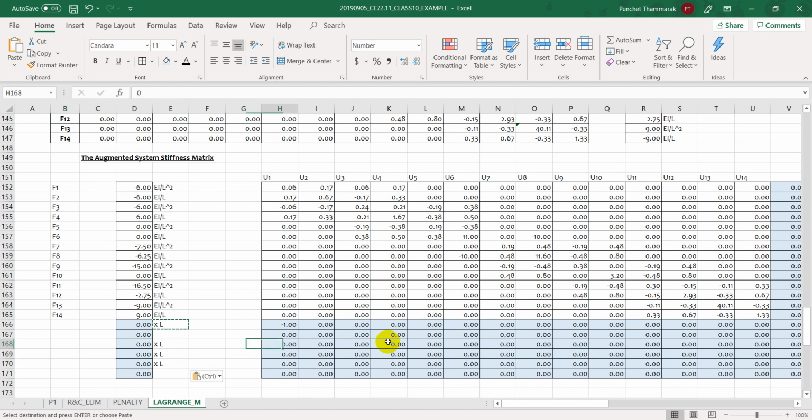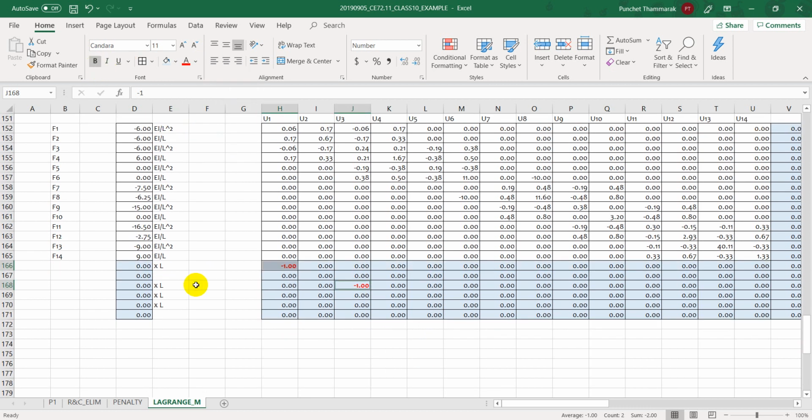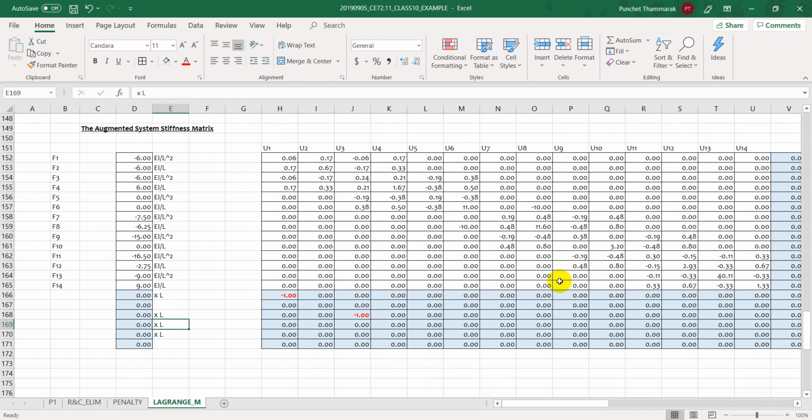So U3 minus 1, should be in red now. U9, which is here, and 11 minus 1. Don't forget U2, which is also minus 1.